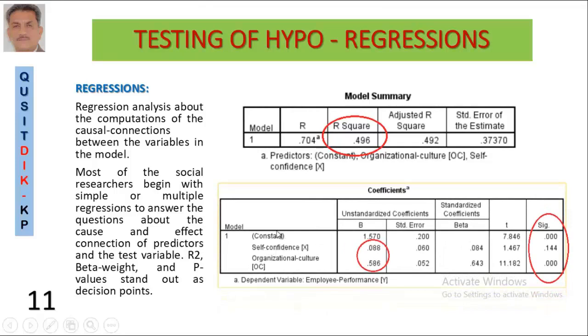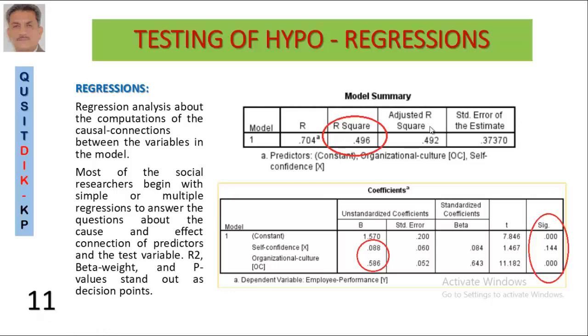In every regression, simple or multiple, different tables come out as the output or results of regression analysis. Two tables are critical at the moment. One is the model summary, which shows R square, the coefficient of determination.